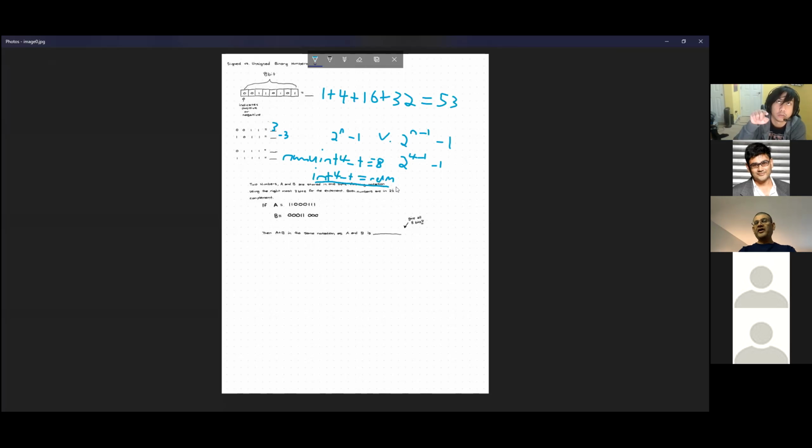For 4 bits, it says 16 possible bit patterns, right? So for 4 bits you can go from -16 to 15. Regardless, this is going to be 1000, right?